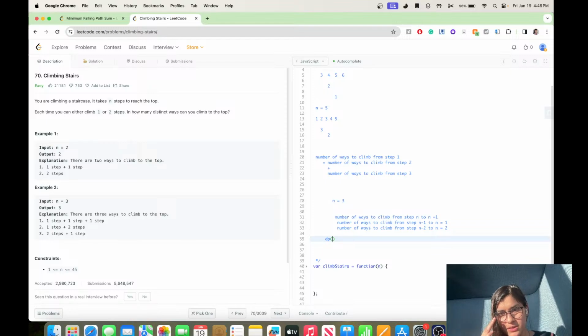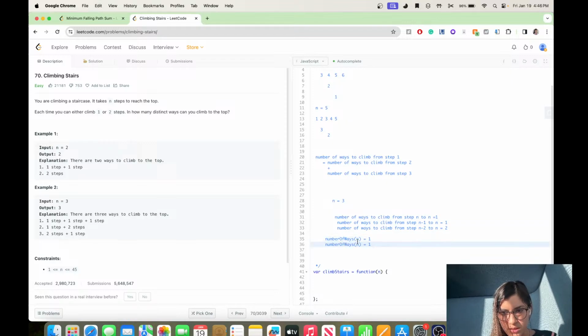I think this is called dp, right? Or what should I call it? Number of ways. I can say number of ways from n will be equal to 1, number of ways from n minus 1. So I'm given n minus 1 will be 1, number of ways from n minus 2 will be 2, right?